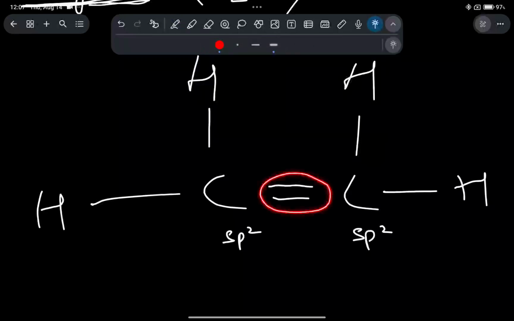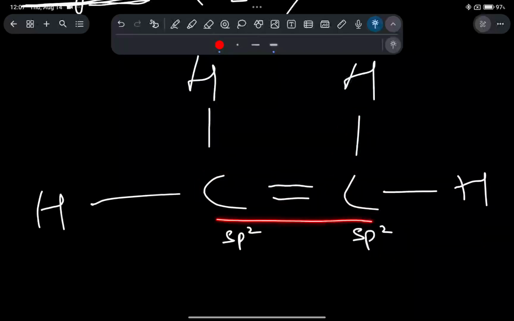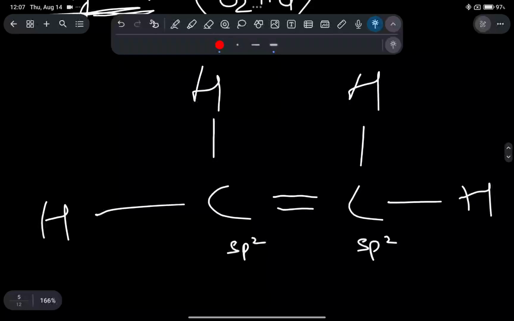I am not considering the hydrogens, only the carbons between the bond. So sp2 hybridization. If the carbon has another carbon attached with a single bond also, only the double bond is considered.